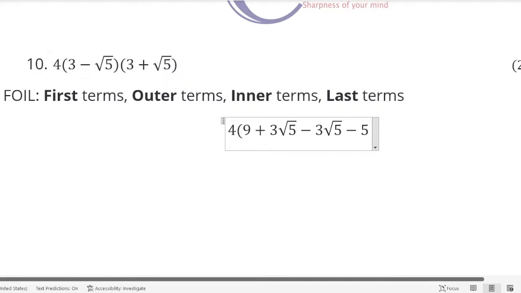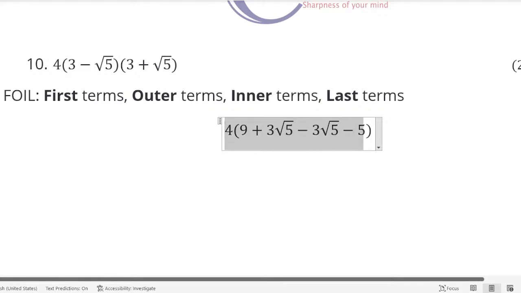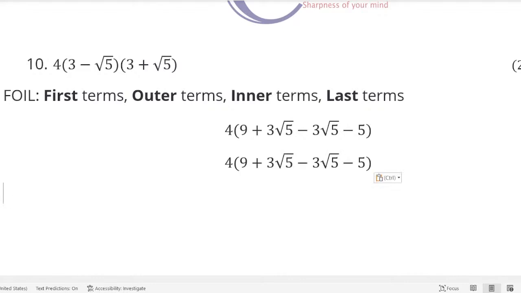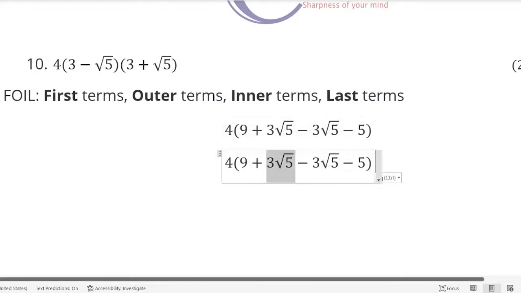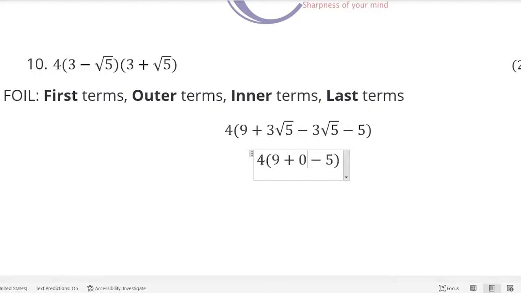Then let's close the brackets. Then 3 root 5 minus 3 root 5 is going to be 0.